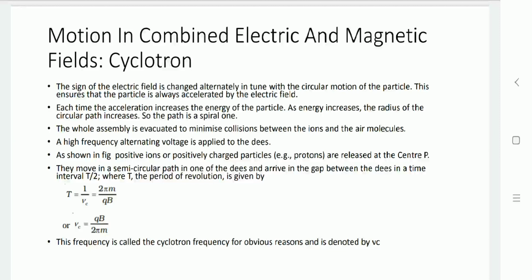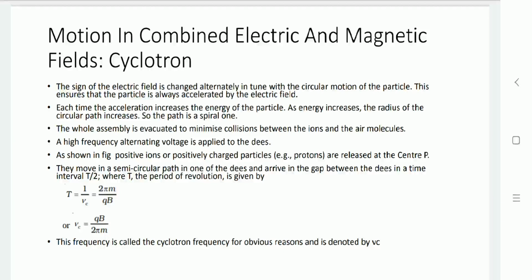While moving from D1 to D2, the electric field acts, and the particle gets an acceleration. Every time it goes from D1 to D2 it gains one acceleration, so it has higher energy. Then from D2 it comes back to D1. In this way the energy of the particle keeps increasing.